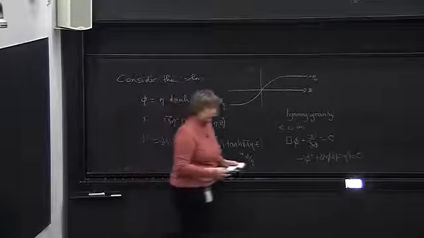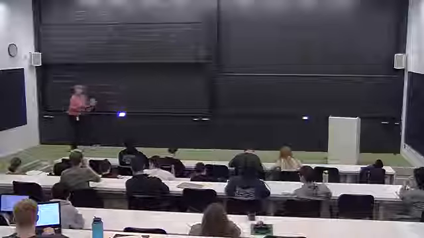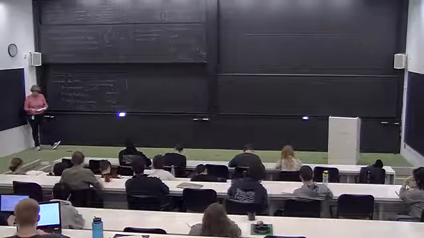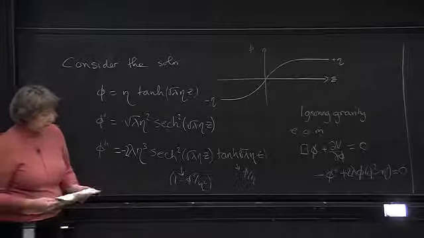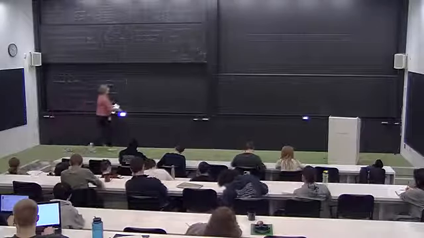So it is, in fact, a solution of the phi equations of motion in the absence of any gravitational field. So let's proceed for the moment and see where this takes us.